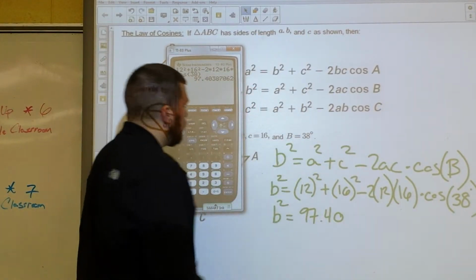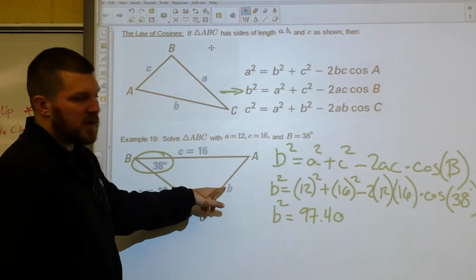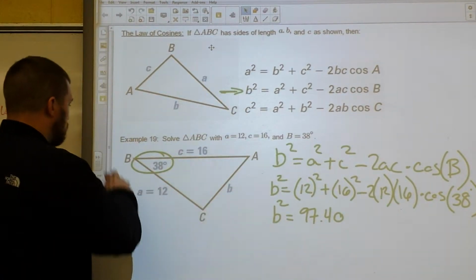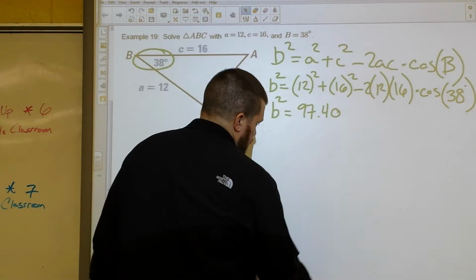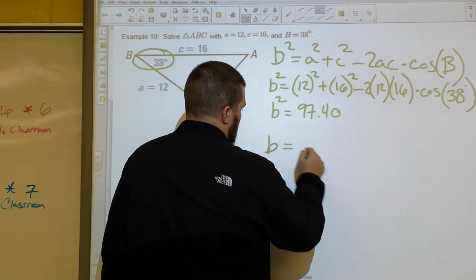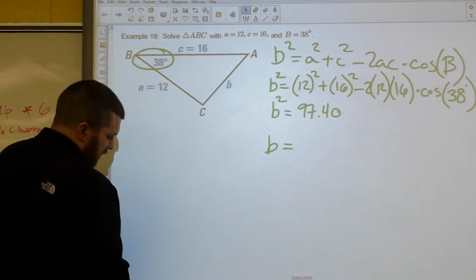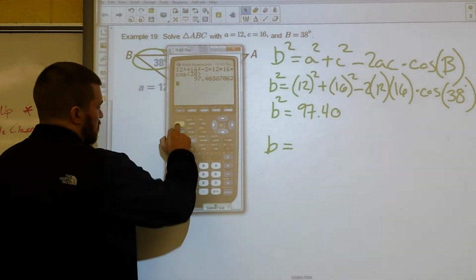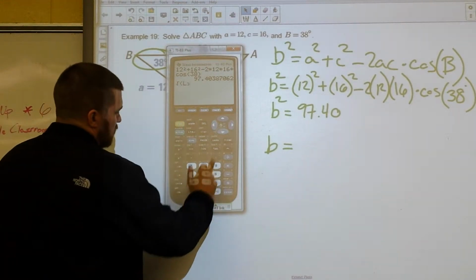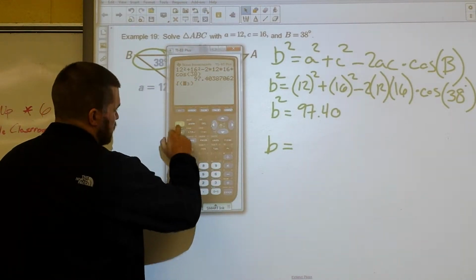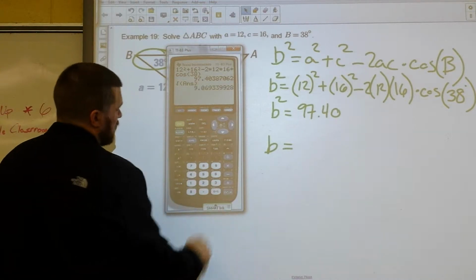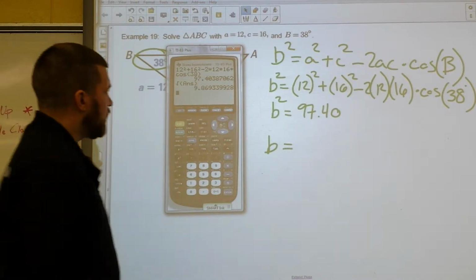But I don't want B squared, I want B. So I need to square root this. So I'm going to square root it in my calculator. The square root of the answer that I just found is about 9.87.